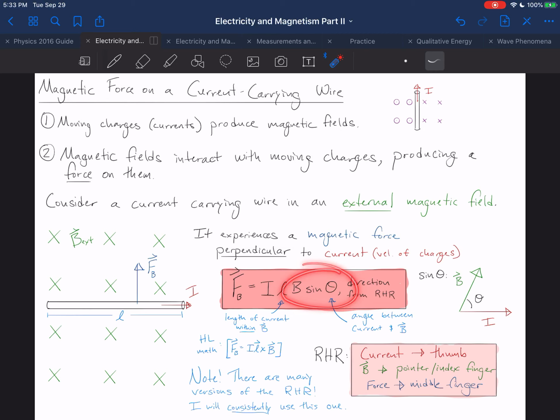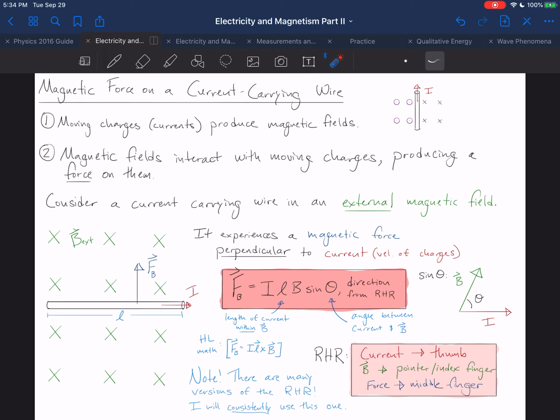And then there's a term, sine theta here, where theta is the angle between the magnetic field and the current. And we're going to explain this in a little more detail in just a bit. But the key idea is that if theta is 90 degrees, then you get a maximum force.